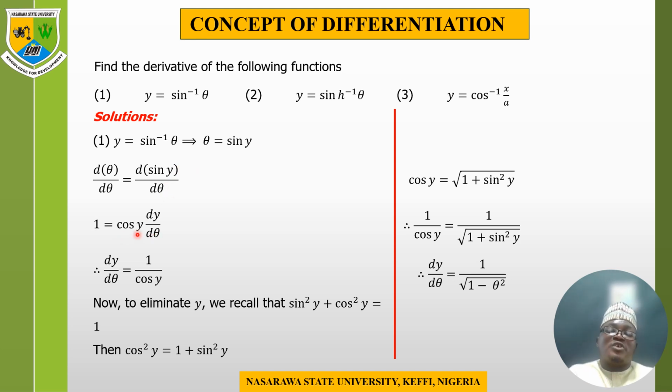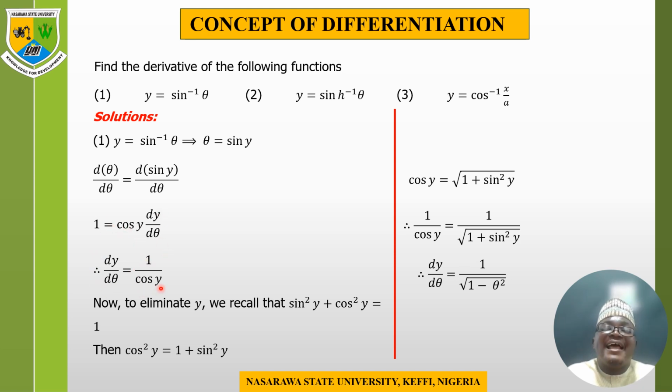Remember from the previous one when we were doing logarithms, when you have this, you differentiate this one with respect to theta. Here you have this. Then d theta/dy, you get cos y. And when you are going to get dy/d theta, you are going to have 1 all over what you get in d theta/dy, which is 1 all over cos y.